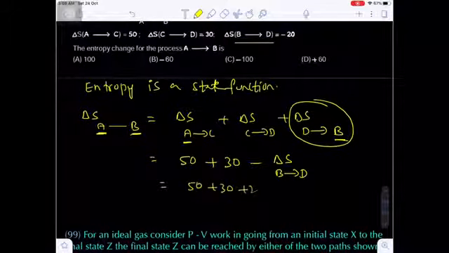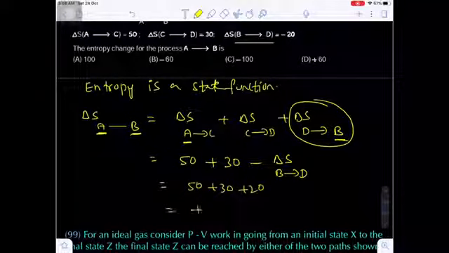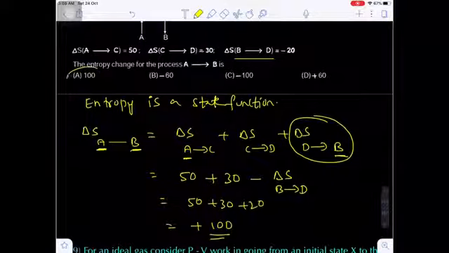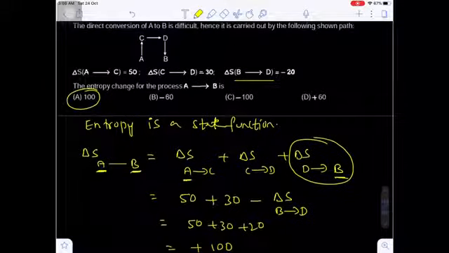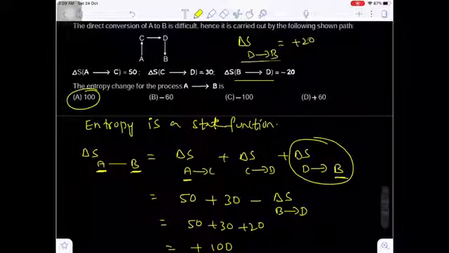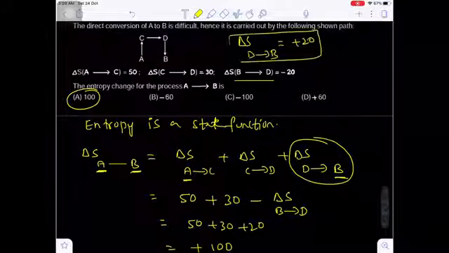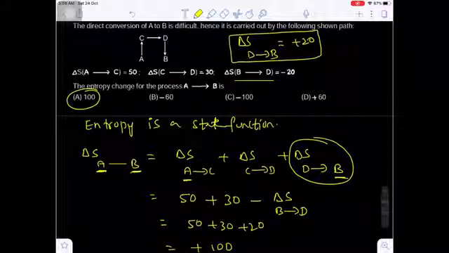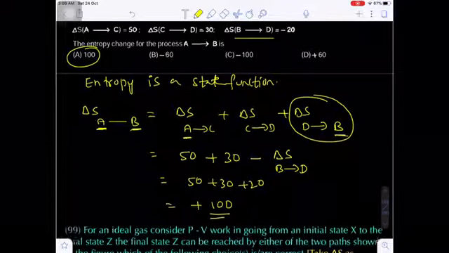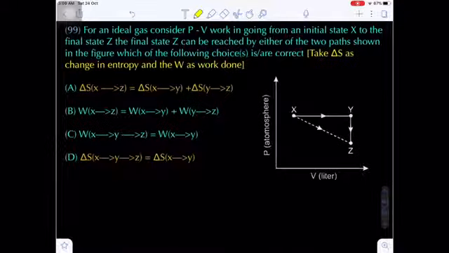Plus 50 plus 30 plus 20, that will be equal to 100. Answer will be plus 100. Remember, here I am changing the path B to D to D to B, so the value changes because it is a state function. If you interchange the states of a system, then the value changes with opposite sign. Magnitude will be the same but opposite sign.